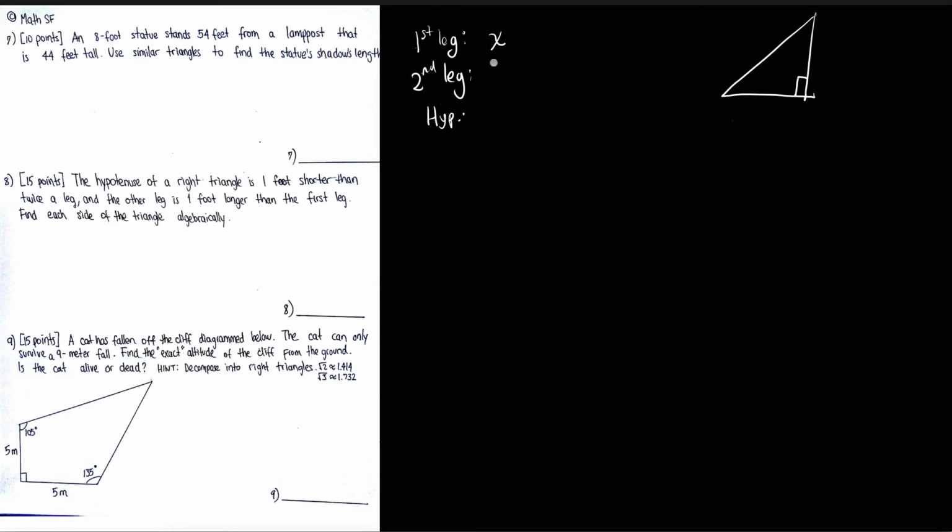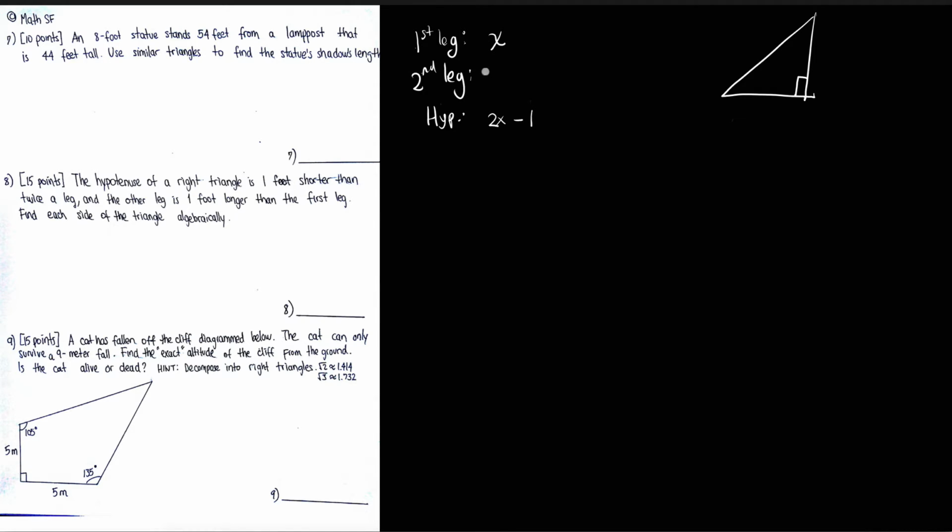All right. And they say the hypotenuse is 1 foot shorter than twice the leg. So 1 foot shorter, 2x minus 1. We were assuming about the first leg. Now the second one says the other leg, the second one, is 1 foot longer than the first leg.